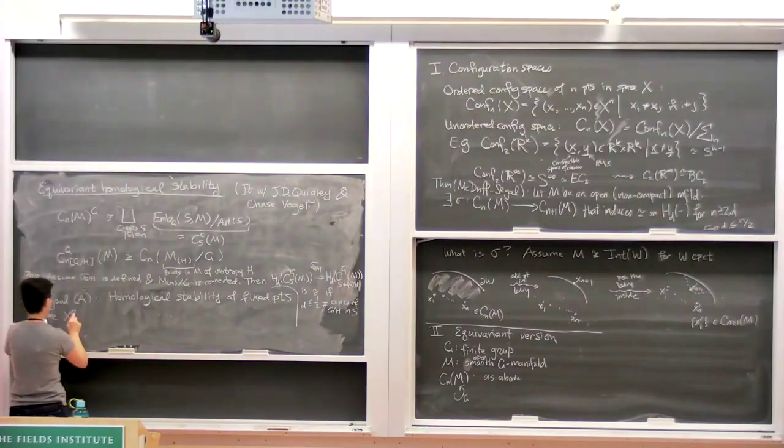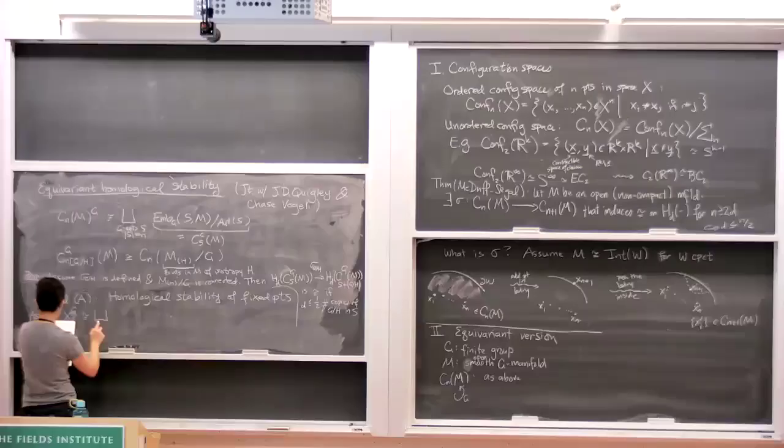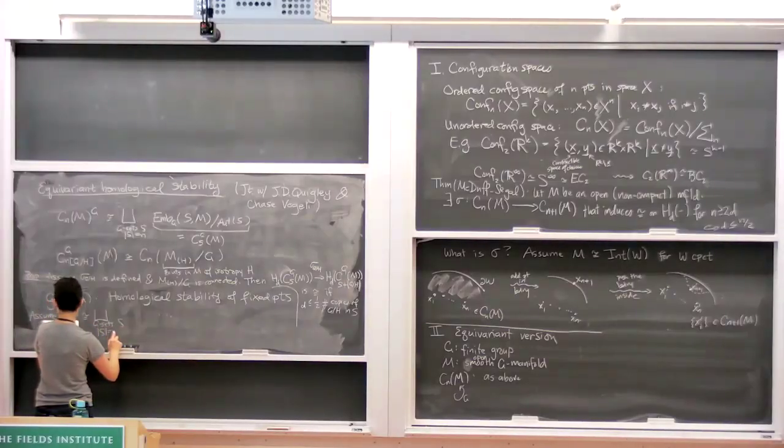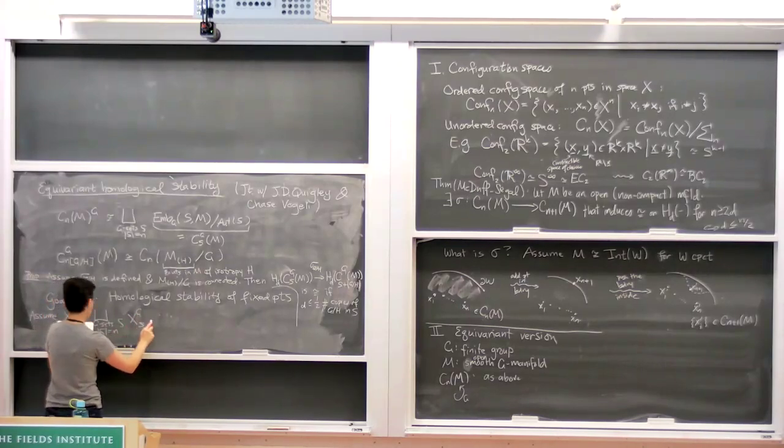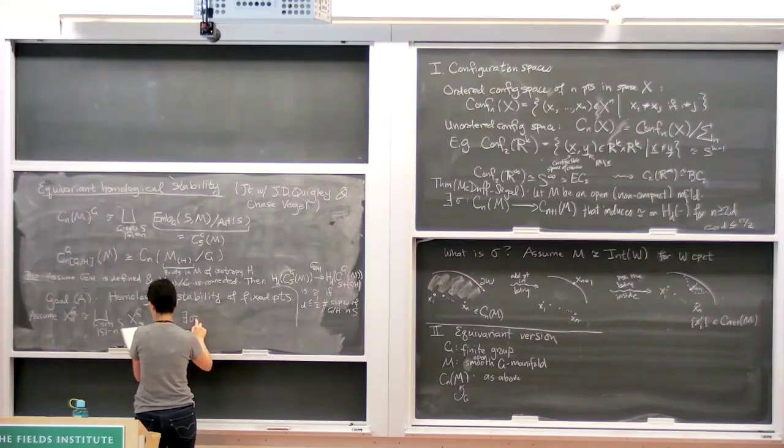So let's assume that the G fixed points split up in terms of orbit types. And let's also assume that there exist stabilization maps.